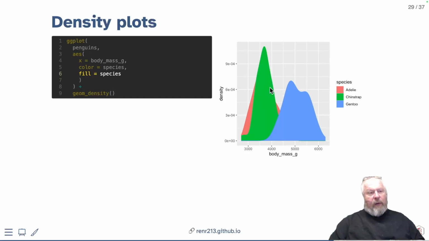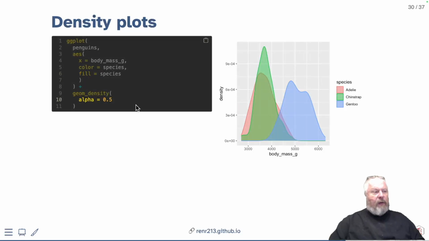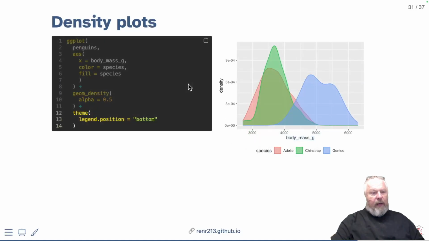But given the way that these distributions overlap each other, perhaps what we want to do is specify an alpha level or a transparency level, which will allow us to see the entire distributions, even if they are overlapping. We can put a legend on the bottom or other places in the plot.